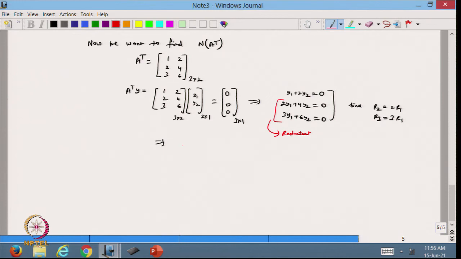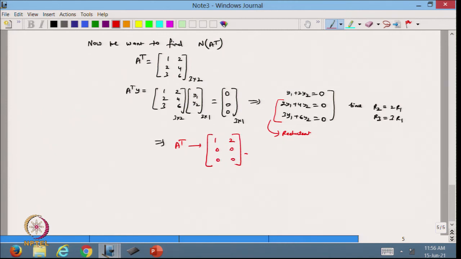So, if you convert this matrix A transpose into the echelon form, it becomes 1 2, 0 0, 0 0.